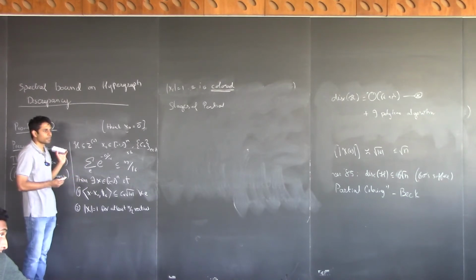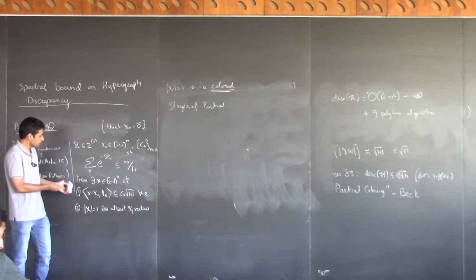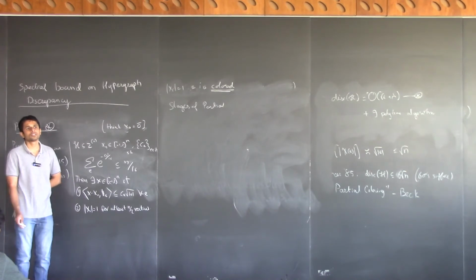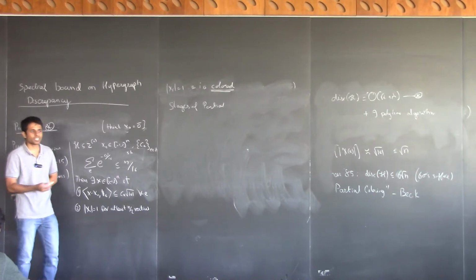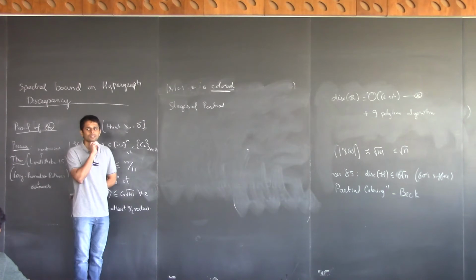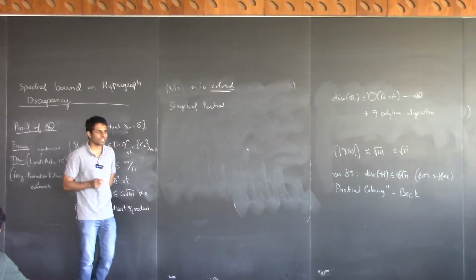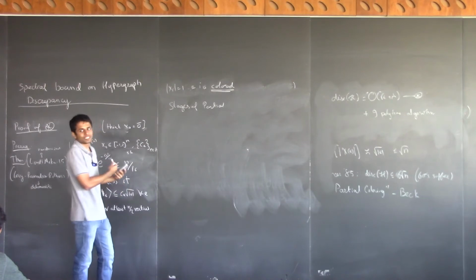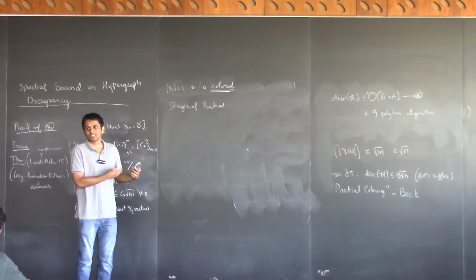Is it orthogonal to the old ones or not? So far, nothing. Okay. Is it orthogonal to the all ones? I can't recall immediately from the proof. You might have a full hyperedge and then it might not have discrepancy 0 on it.